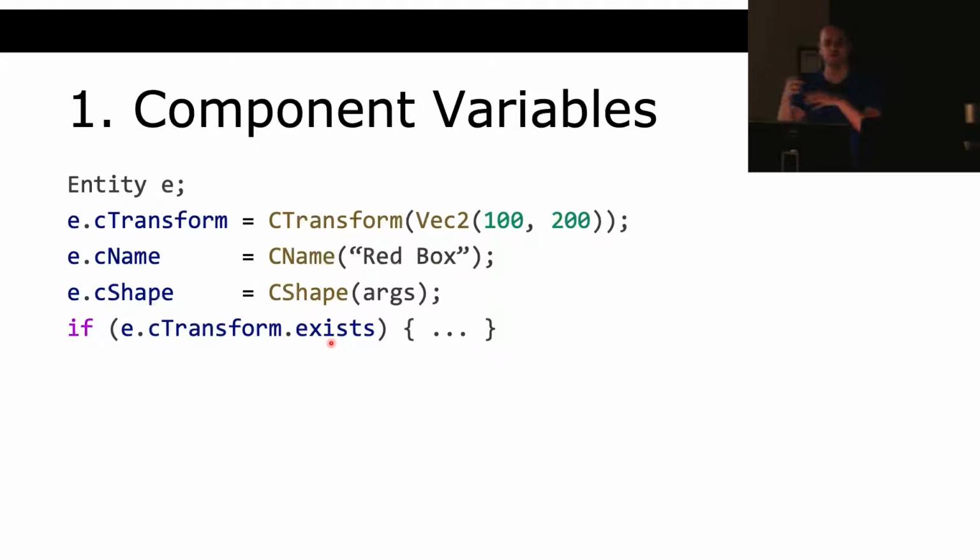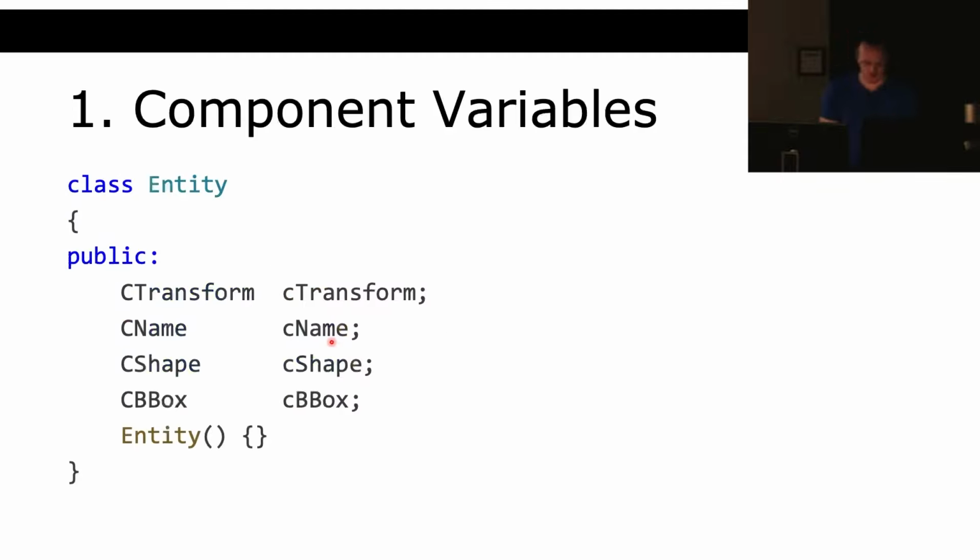So in this case, what we would need, in order to tell whether or not the entity actually has this type of component added to it, like explicitly added to it, our component would need to have an extra variable to say whether or not it exists, right? Now the class, the instance, the member variable literally does always exist. But what we're trying to say is, have we actually added this thing to the entity in terms of the game mechanics we want to implement?